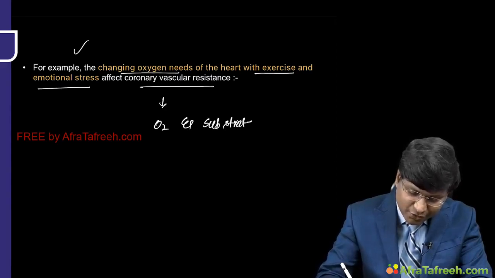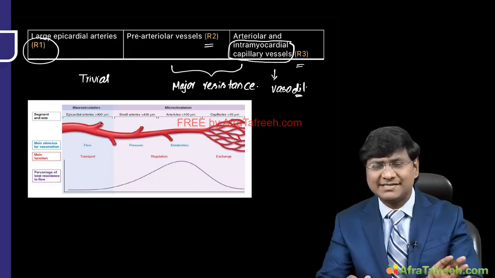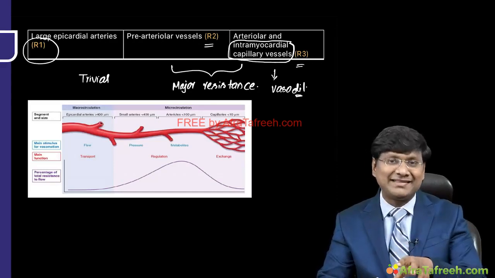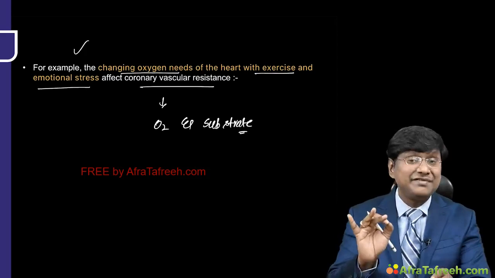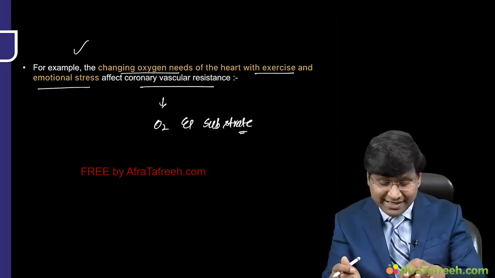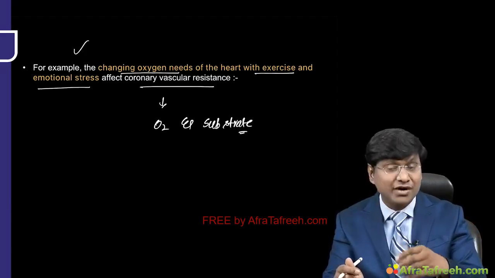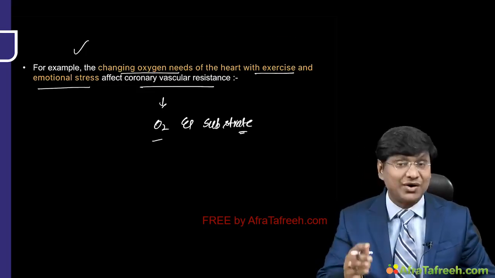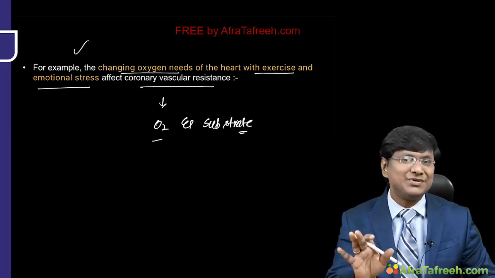So what I mean to tell you at this point is, at the level of R2 and R3 there is maximum resistance, and at the same time R2 and R3 are the ones which will undergo maximal vasodilatation whenever there is a demand. So the changing oxygen needs of the heart with exercise and emotional stress affect the coronary vascular resistance, and in this manner they regulate the oxygen as well as the substrate supply to the myocardium.